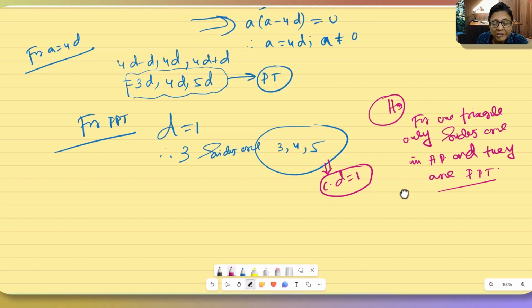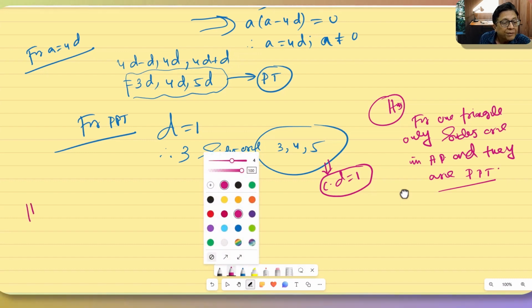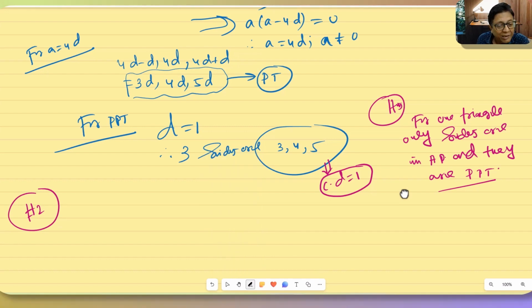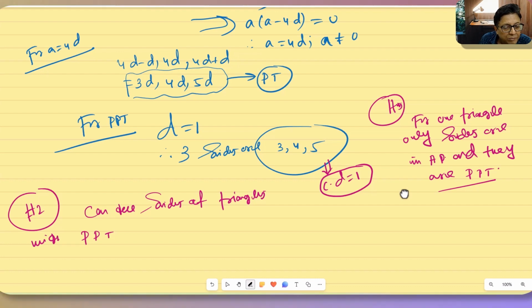Now another question arises here. Number 2. Can the sides of triangles with PPT be in GP?